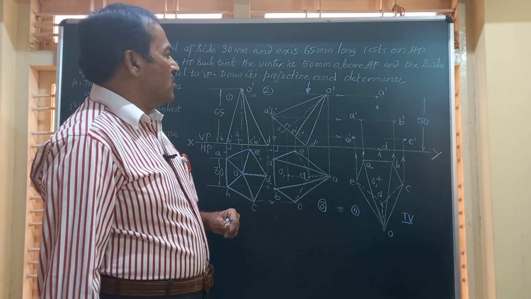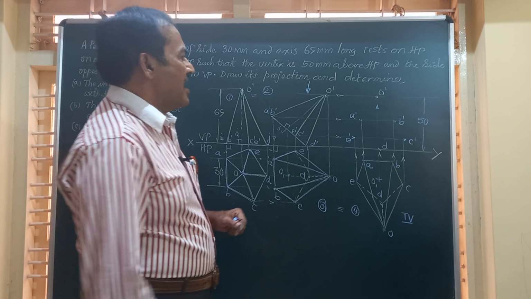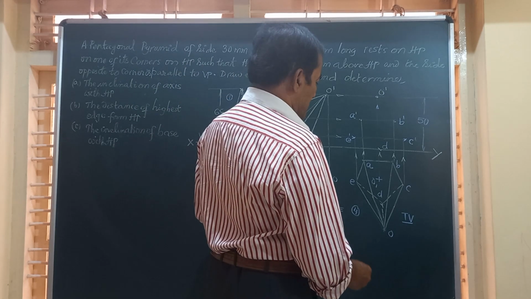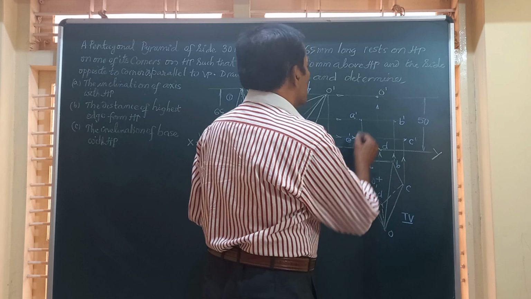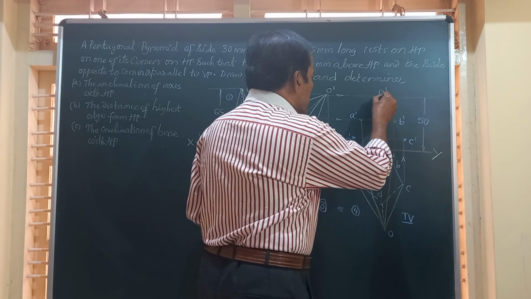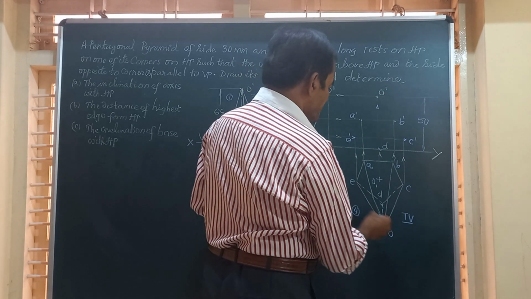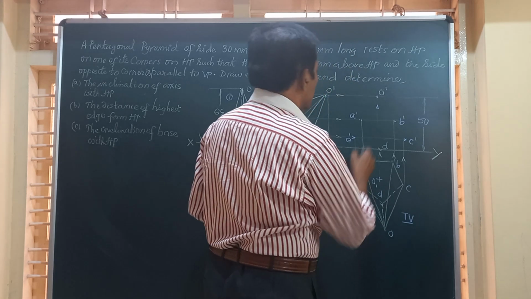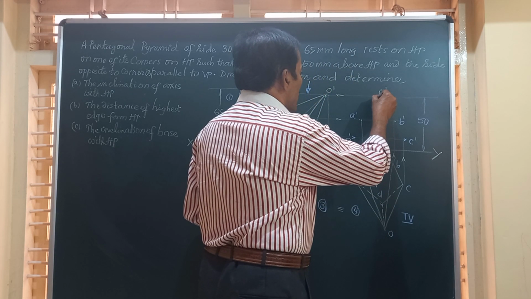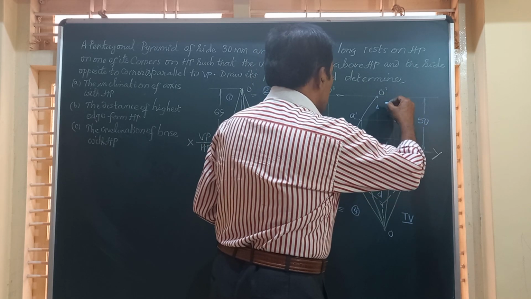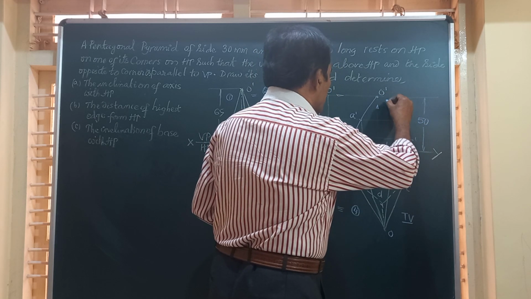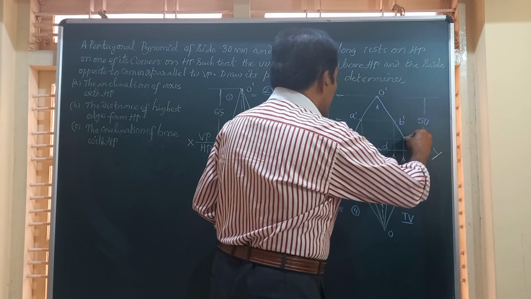Friends, you have got all these points now, and let us join all these by straight lines. So here OE is visible, OC is visible. So O to E, this slanted OE is visible. So I will show it by a full line, and this OC is also visible, a full line.